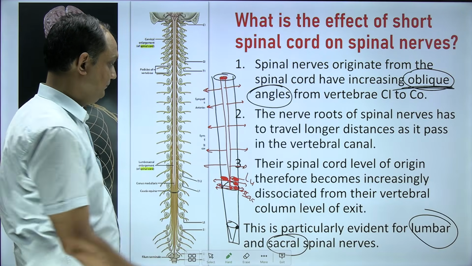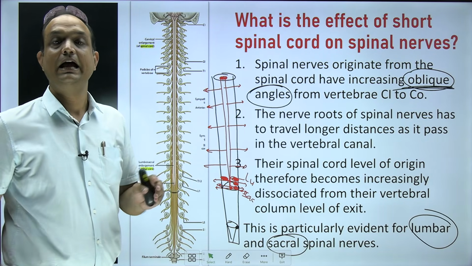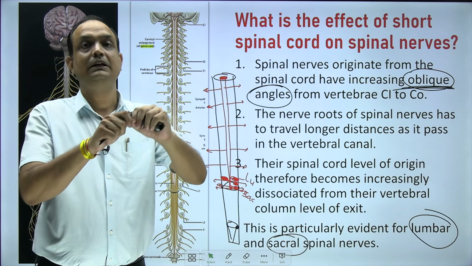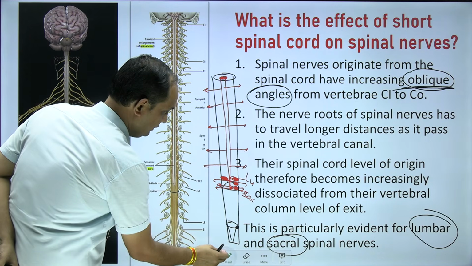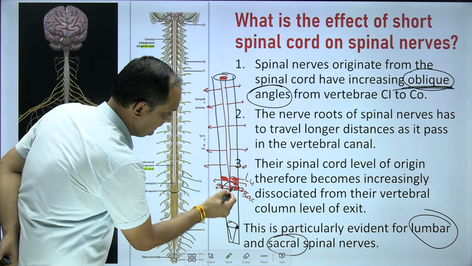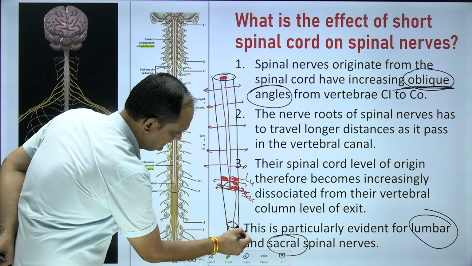Now what will happen with this nerve? The nerve exit will not change, the exit will remain the same, but the length of the nerve roots will increase. So this nerve root, rather than coming out at this point, will come out like this.